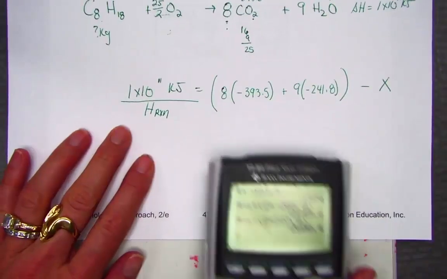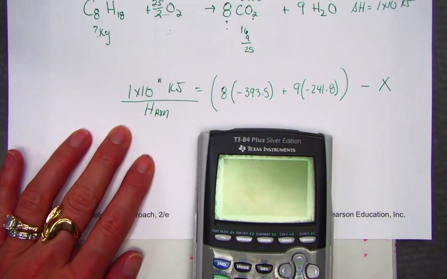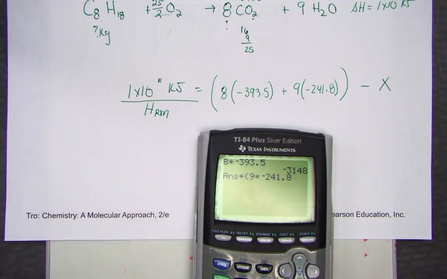So, all right, let's do a little algebra. 8 times negative 393.5 plus 9 times negative 241.8.